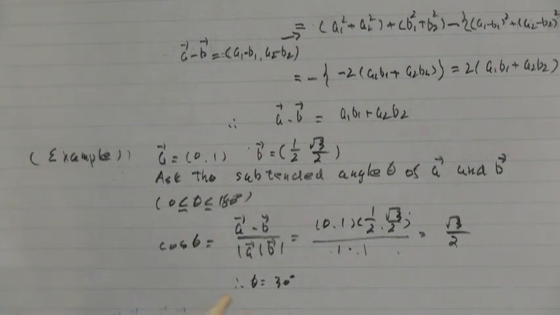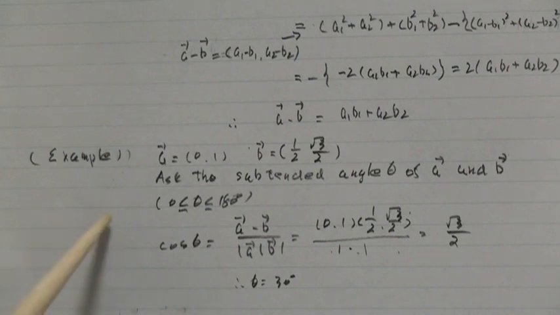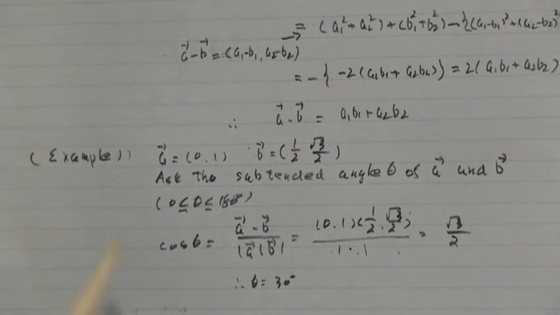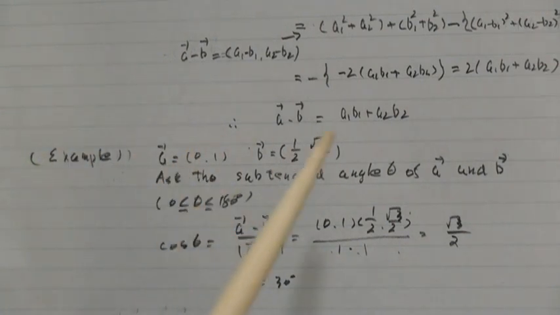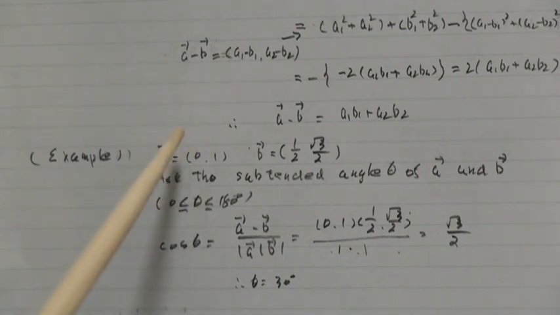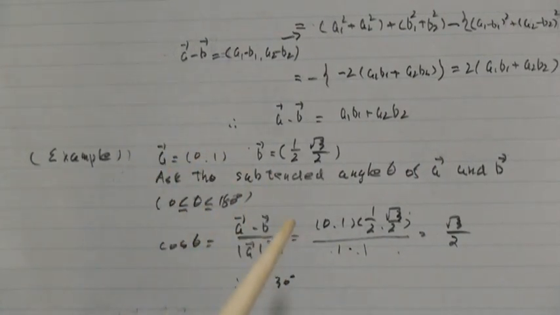By parenthesis 1 and this definition, the inner product of A and B equals |A| times |B| times cos theta. Then cos theta equals this. The absolute value of A squared equals square plus 1.